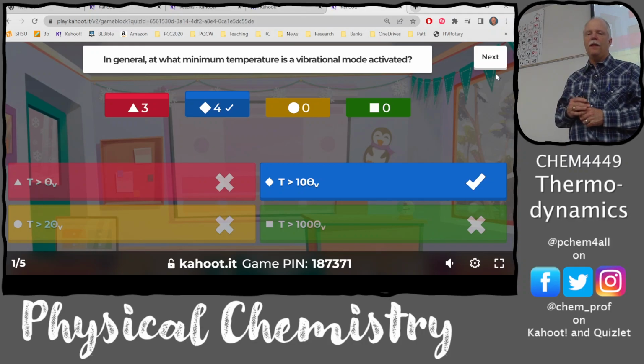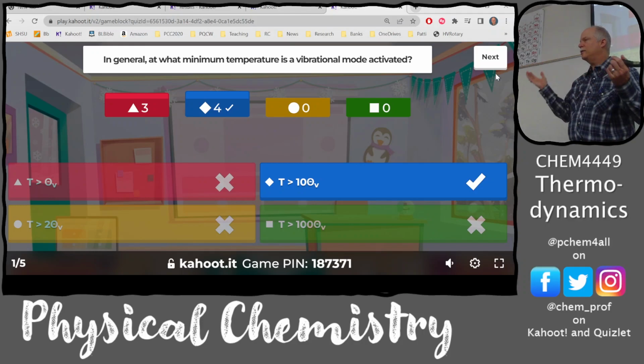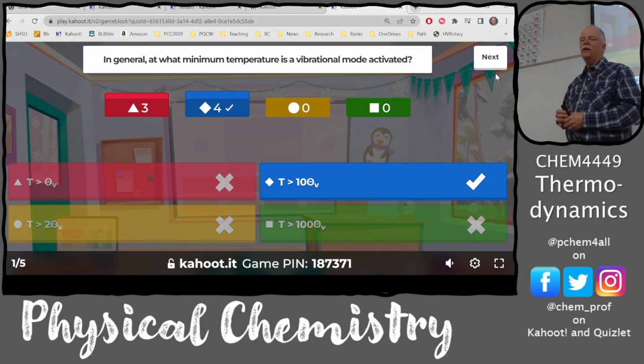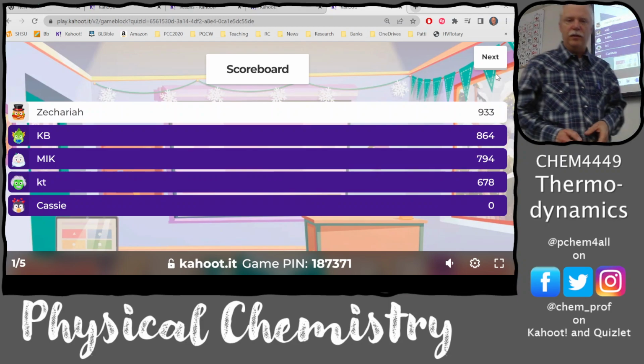Okay. Think about that black body radiation curve. That is a spectroscopic measurement, but you don't resolve individual transitions. You're just looking at the behavior of the whole substance because it's so hot. Okay, and so that's an activated vibrational system.